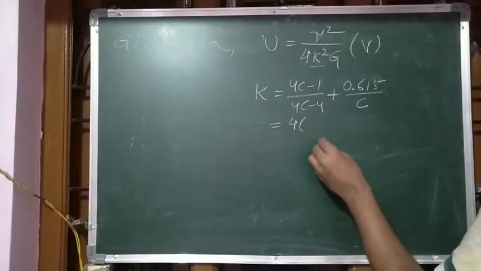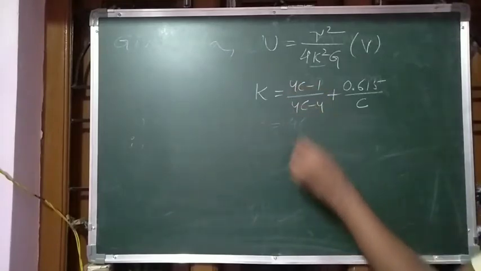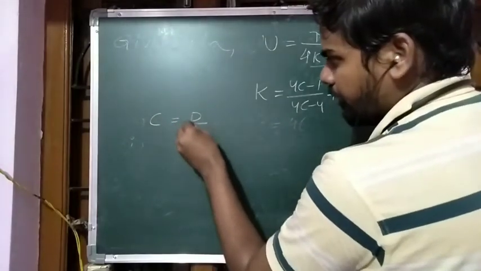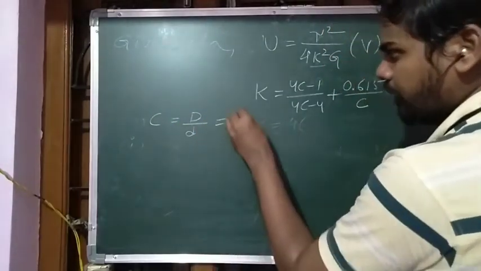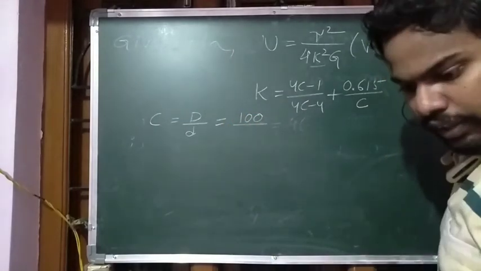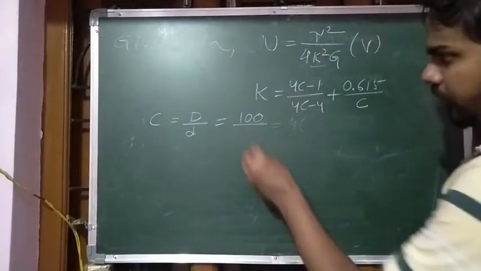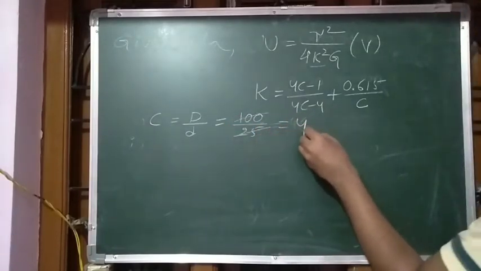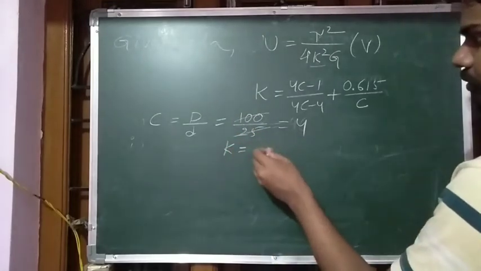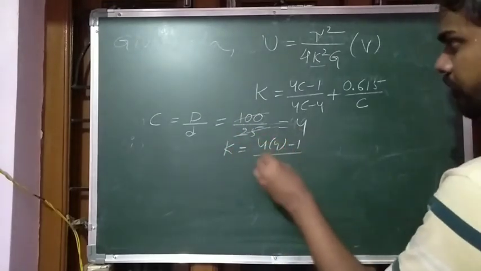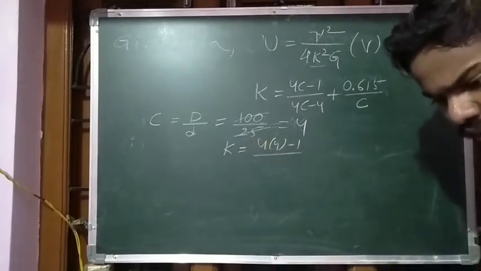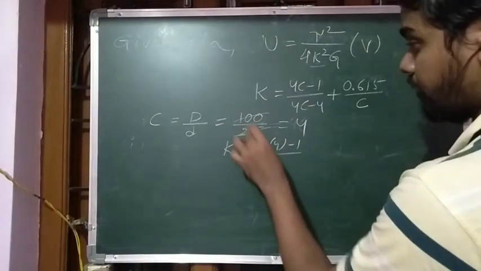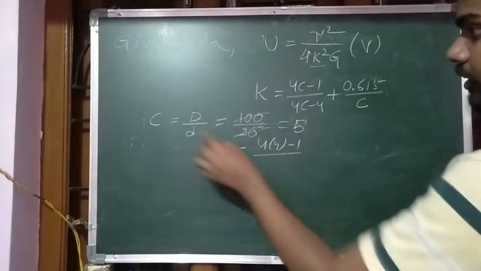Now substitute all the values. First we calculate C. C means the spring index, which is capital D by small d, mean diameter by wire diameter. The mean diameter is given as 100, and the wire diameter is 20, so 20 ones are 20, 20 fives are 100, and C is equal to 5.